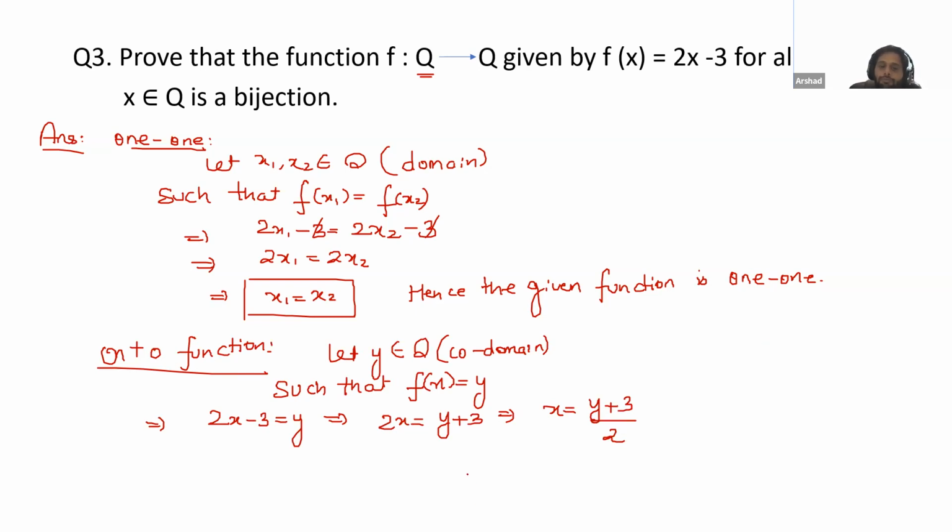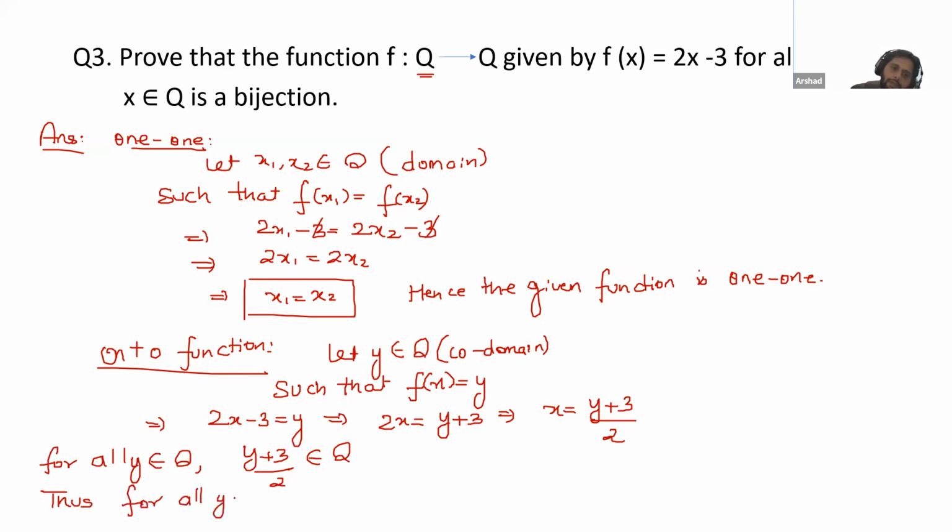Okay. Now, please analyze this one. If you will put any rational number in place of y, then will this complete one be a rational? Yes. Okay, so we will write in this way. For all y belongs to Q, (y plus 3) by 2 belongs to Q. Thus, for all y belongs to Q, which Q?